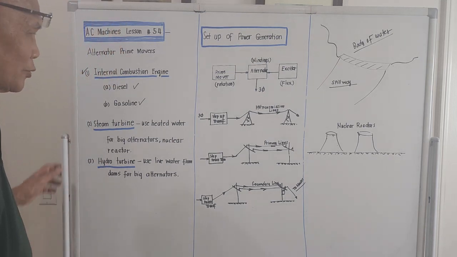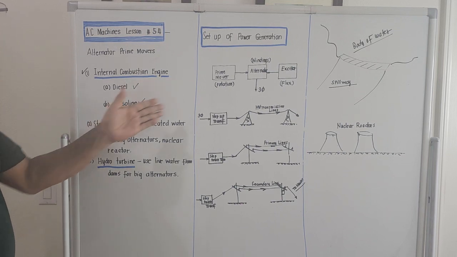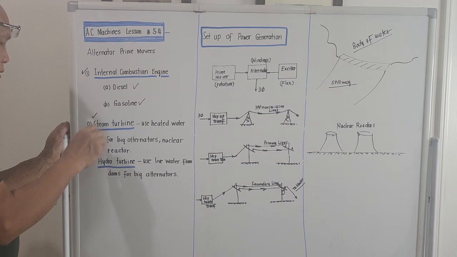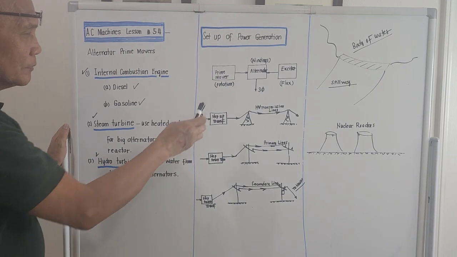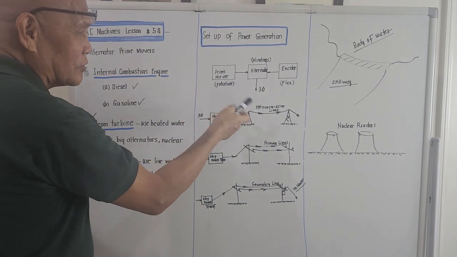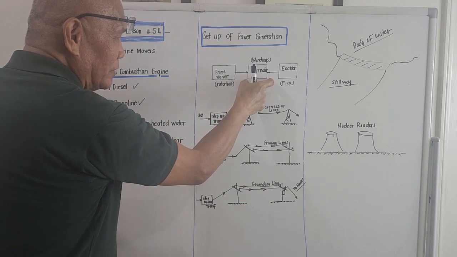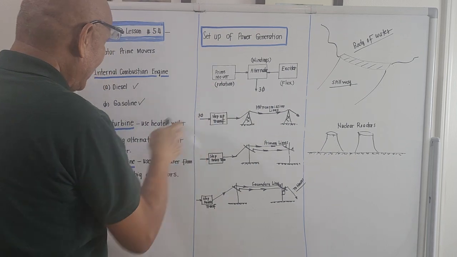The bigger ones, which are the ones we are using now here in the USA and in other parts of the world, are the steam turbine and the hydro turbine. The prime mover is actually a turbine. It is directly coupled to the alternator, because to rotate the alternator, the prime mover should be a steam turbine.